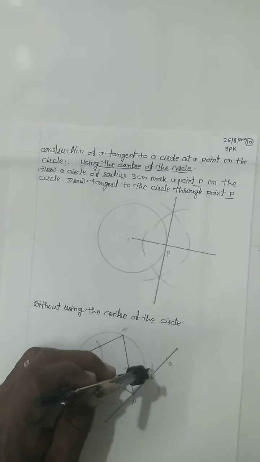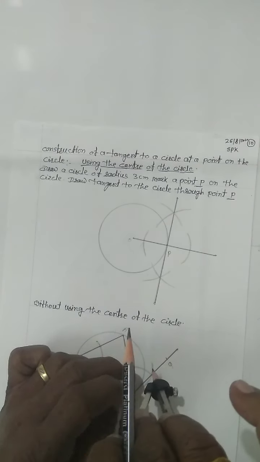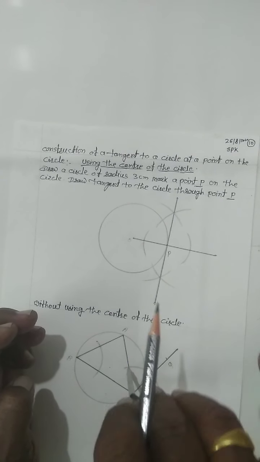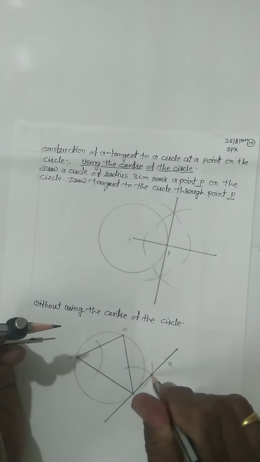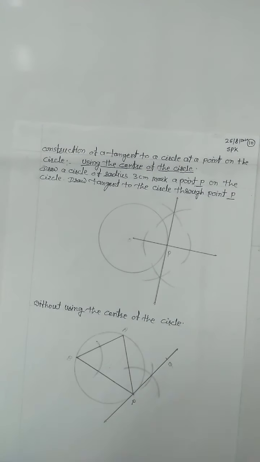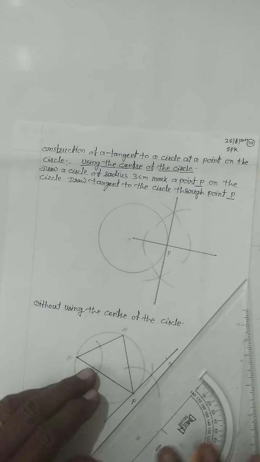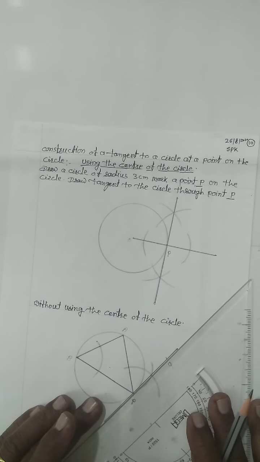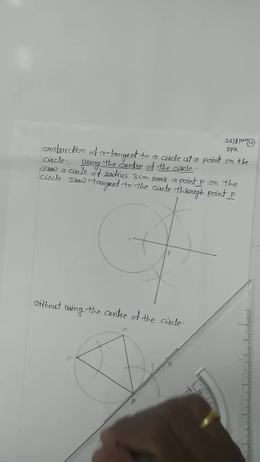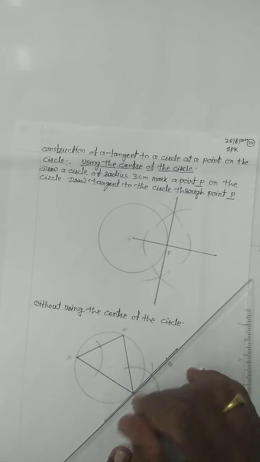Then put this distance as it is and draw an arc. This arc and the previous arc intersect at one point. Now draw a line from this intersecting point through point P. This line is nothing but the tangent to the circle passing through the point P.